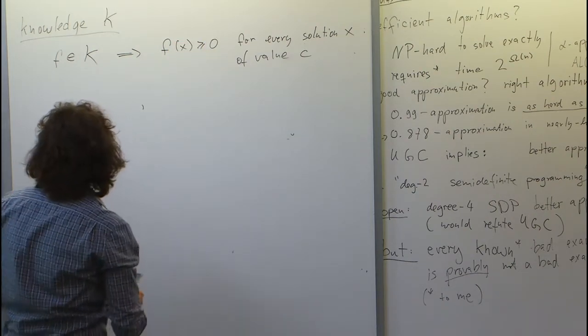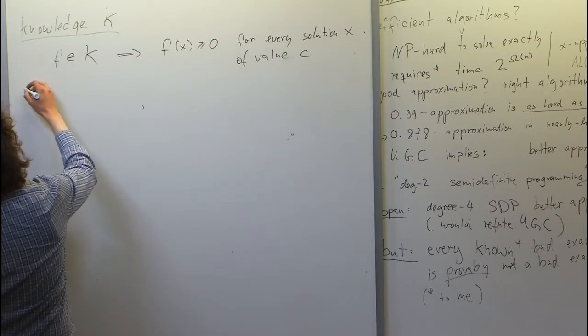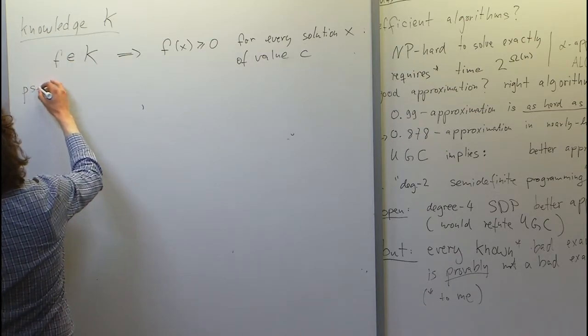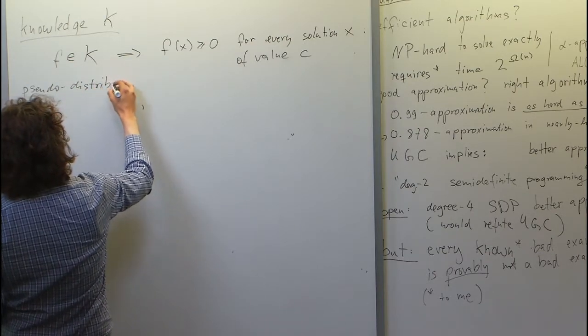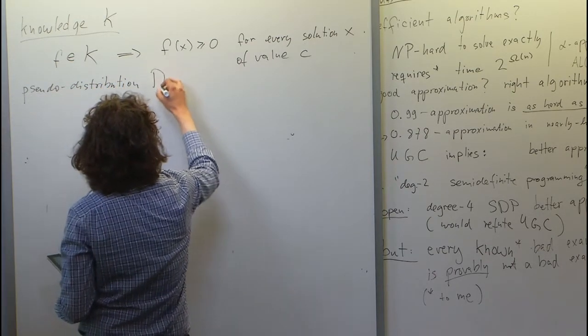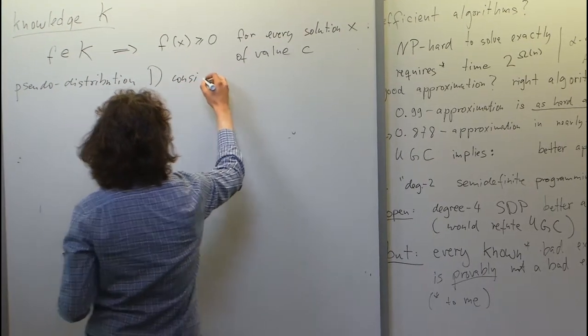Okay? And now, what does it mean to have a pseudo distribution D that is consistent with some particular knowledge K?